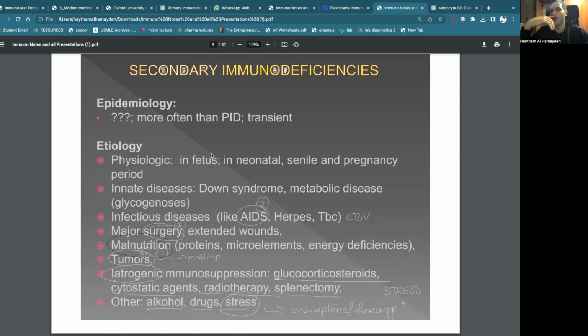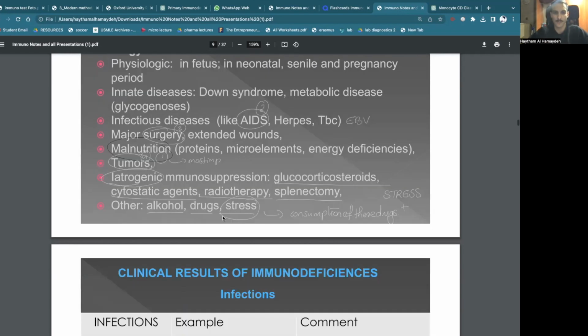Down syndrome, AIDS, right? HIV can cause an immunodeficiency for you and it can result in the secondary immunodeficiency, okay, not primary. In fetus sometimes or during the pregnancy period. Yes, so these are just examples for you to memorize for how we are able to acquire secondary immunodeficiencies.